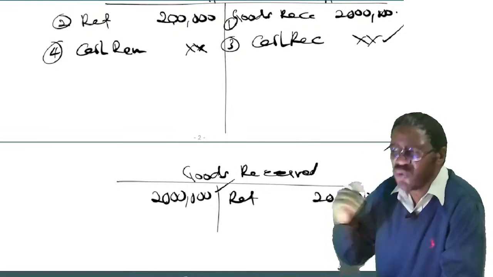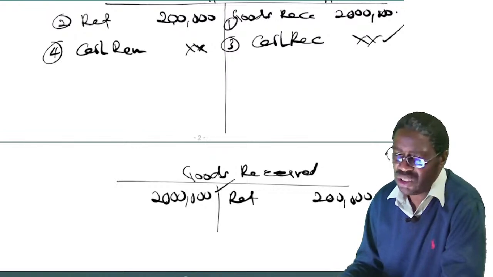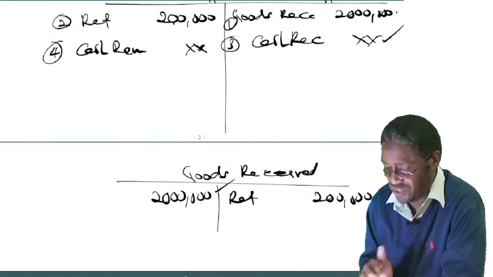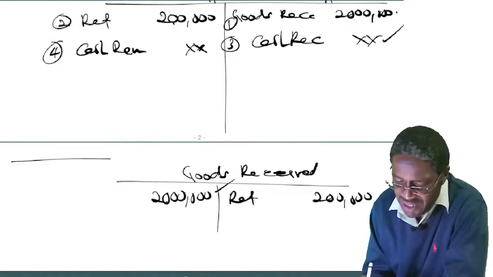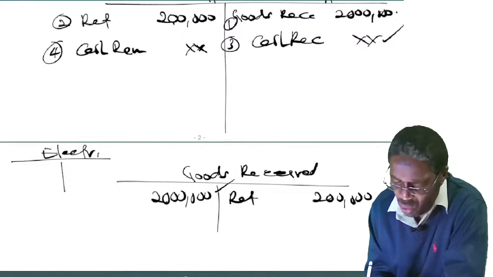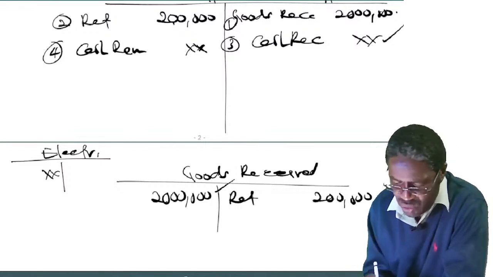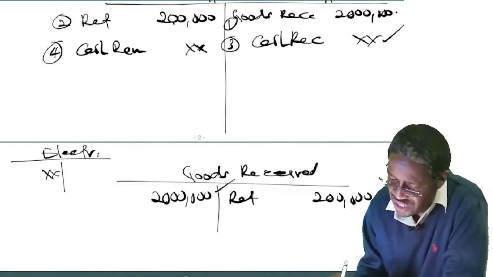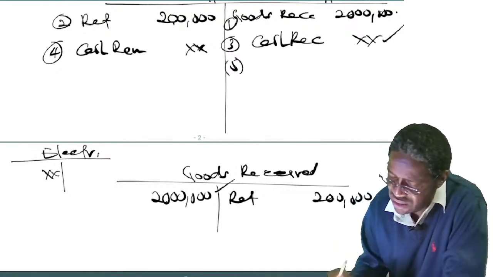So they have to increase what they owe you. At the same time, they must also recognize that expense. So the branch will debit that account called expense, whichever it is, whether it's electricity, water, and so on. They will debit that expense account. And of course, they would credit the head office current account.